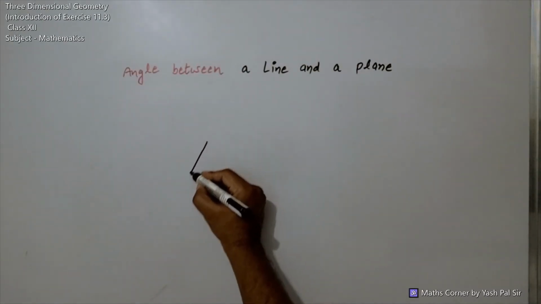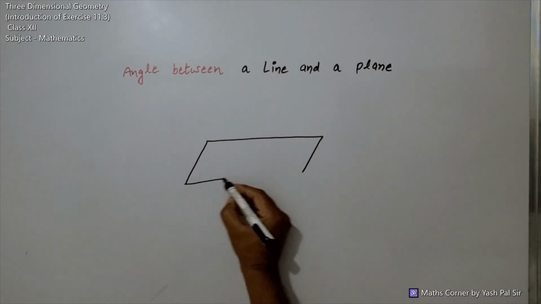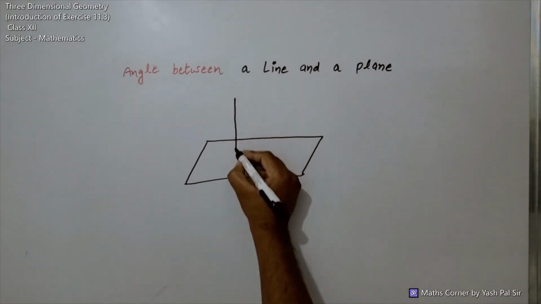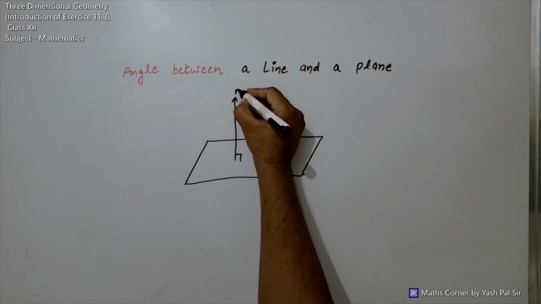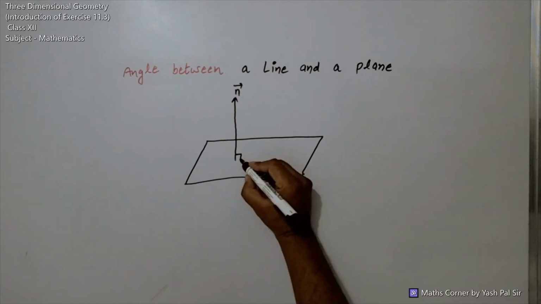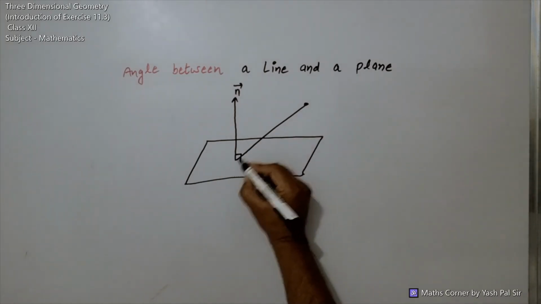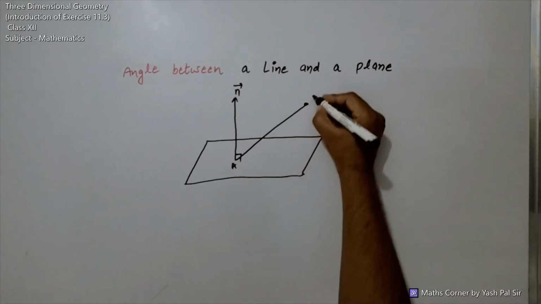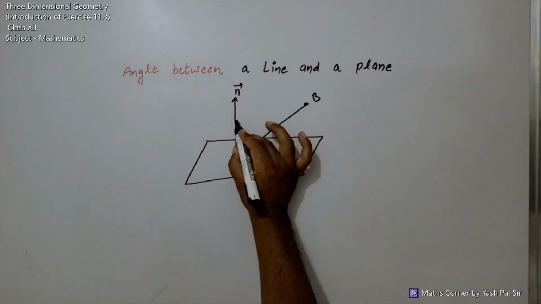Now next we have how to find the angle between a line and a plane. Suppose we are given one plane. This is the given plane. Here this is the normal to the plane, right? And this is the line AB.